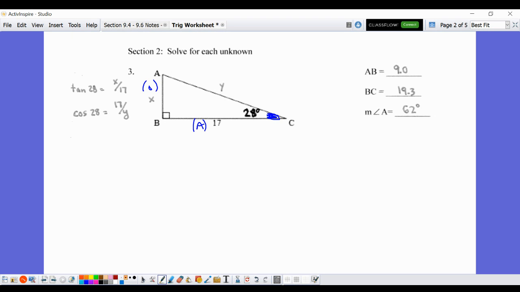For y, which is this side length here, AC, I set it up. I have my adjacent 17, but that y is the hypotenuse. So the trig function that's going to set that up is cosine. Cosine of 28 equals 17 over y. And as a reminder, to get rid of that y in the denominator, we are going to multiply both sides by y.